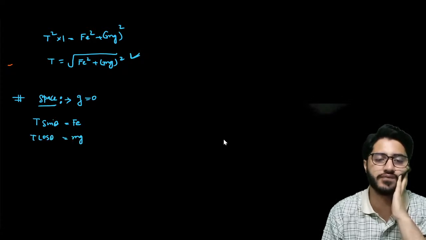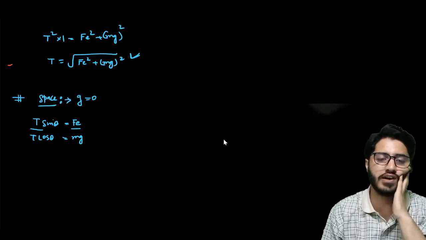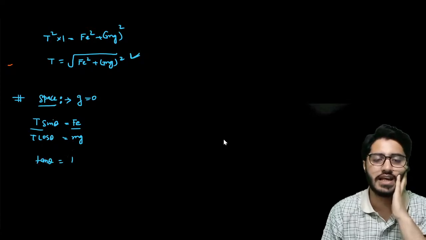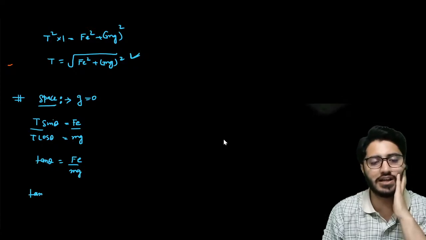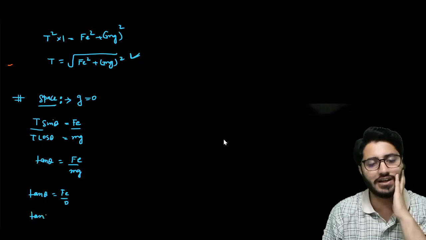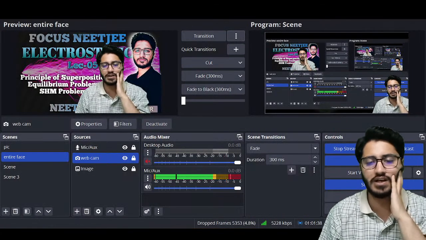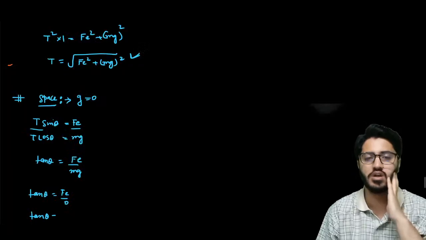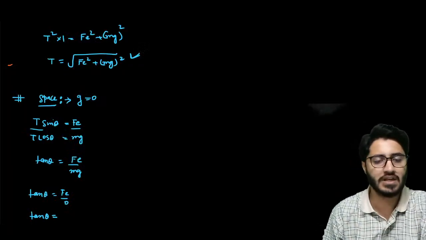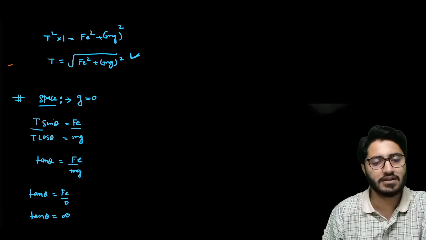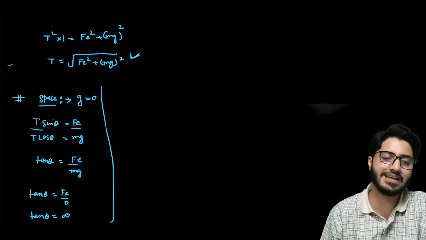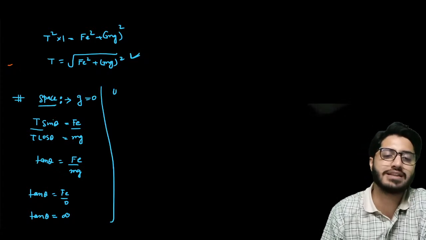Is it mg? Divide these two. So what will we get? We will get tan theta. So tan theta is equal to Fe by mg. Now g is 0, so tan theta is equal to Fe by 0. Fe by 0 is infinite. So the value of tan theta is infinite or undefined when my theta is 90 degrees.